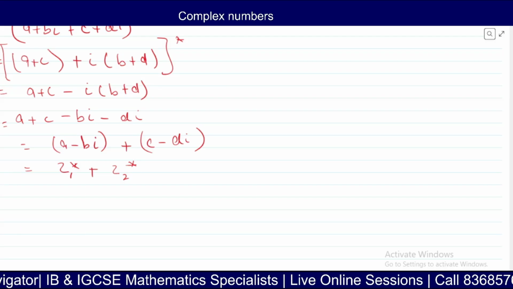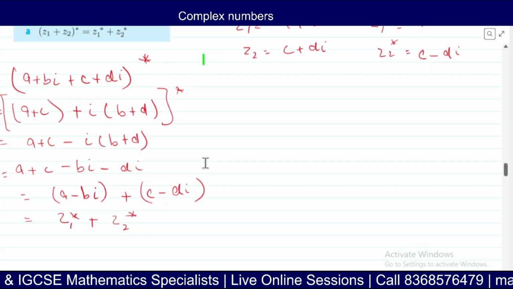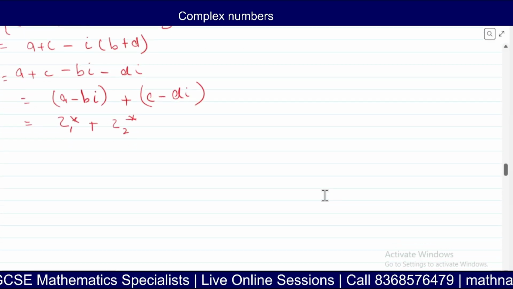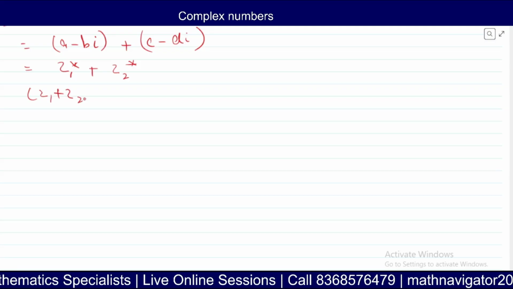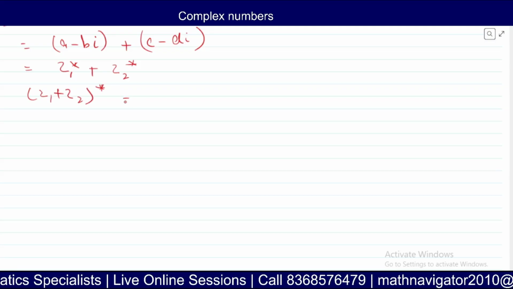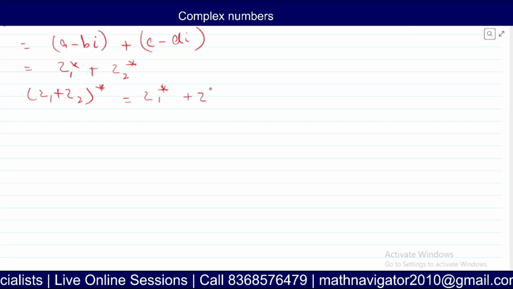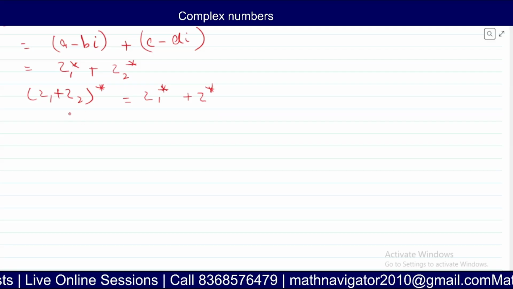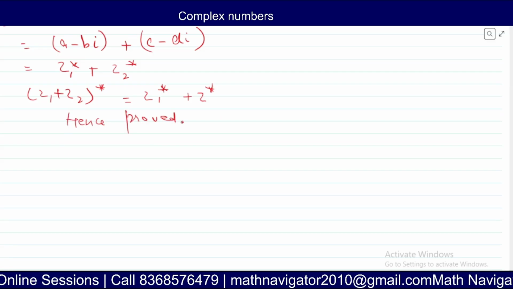So basically this means the left hand side is equal to the right hand side. I can say (z1 plus z2) whole conjugate is equal to z1 conjugate plus z2 conjugate. Hence proved. Perfect. Right?